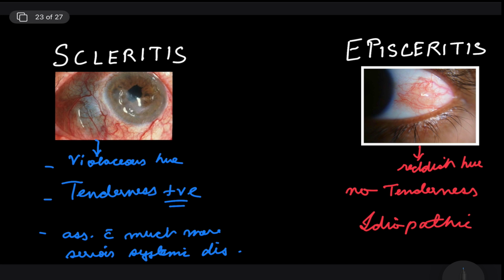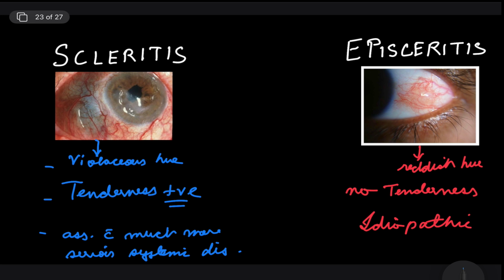Episcleritis, reddish hue; scleritis, violetish or bluish tinge. Oftentimes, scleritis is also reddish. So it is very difficult to differentiate between episcleritis and scleritis on naked eye examination. We cannot. And differentiating between them is often very important.